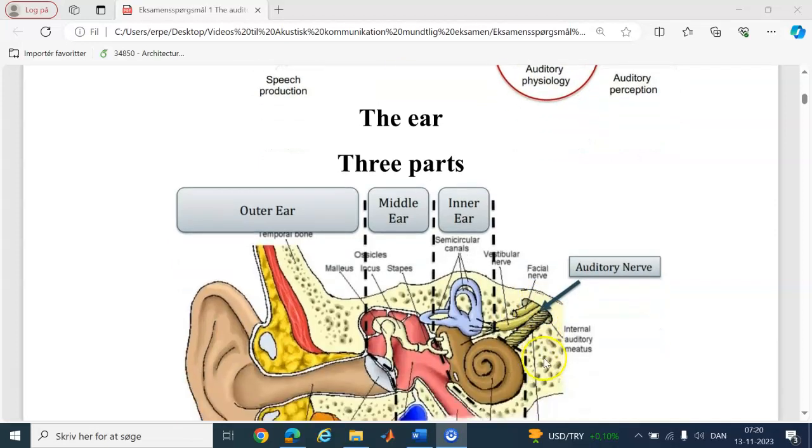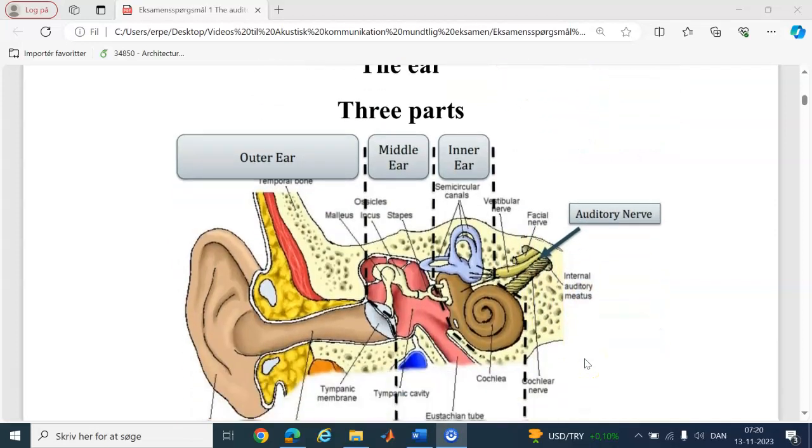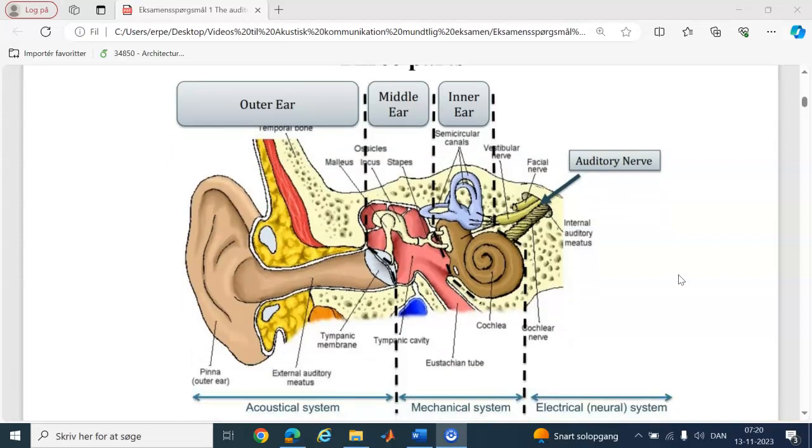So the ear can be divided into three parts: outer ear, middle ear, and inner ear. The outer ear is the acoustic system with the pinna and concha, the ear channel, and the eardrum. It's an acoustic system where the sounds come in.